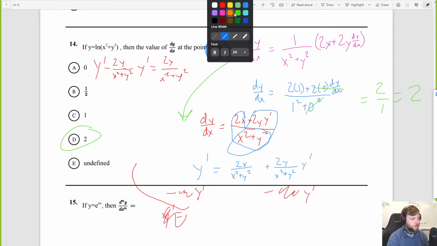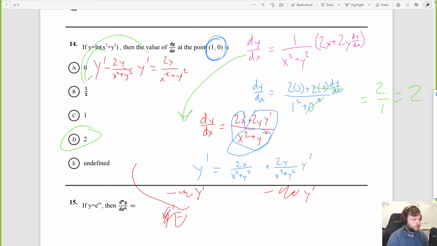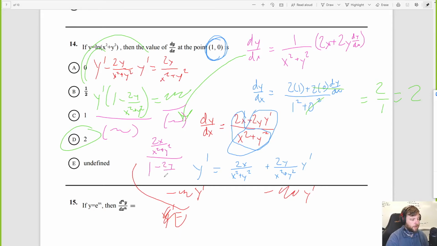And you're going to factor out that y prime, as you do. y prime times 1 minus 2y over x squared plus y squared equals this thing. Then you have to divide by that thing in parentheses, on both sides. So then the answer is this fraction: 2x over x squared plus y squared, divided by that nonsense, 1 minus 2y over x squared plus y squared.